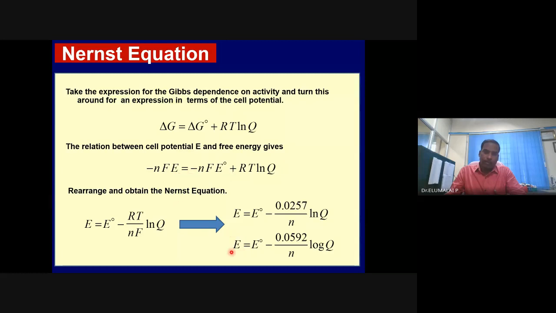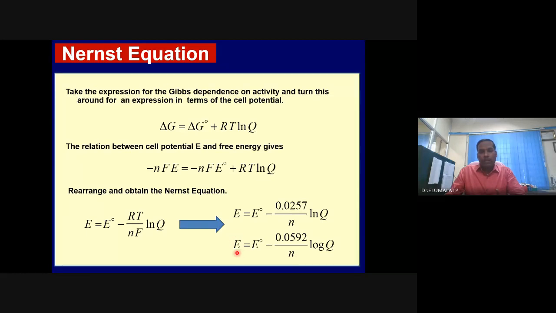Then you get the final equation: E is equal to E0 minus 0.0592 divided by n log Q. How are you getting this 0.0592? RT, 8.314 at room temperature, and F altogether will be 0.0592, after converting the natural logarithm, ln, to log.